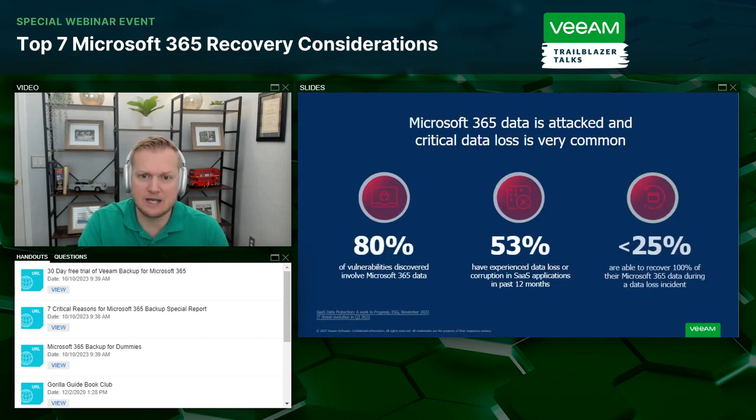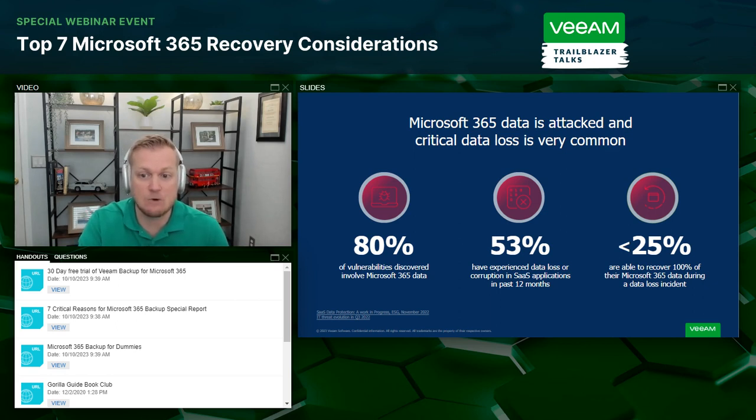So taking a quick gander at the market as a whole, it's clear ransomware has been in the news all the time, especially with the latest events that have happened. And Microsoft 365 is now becoming front and center in terms of the different vulnerabilities built into the system.